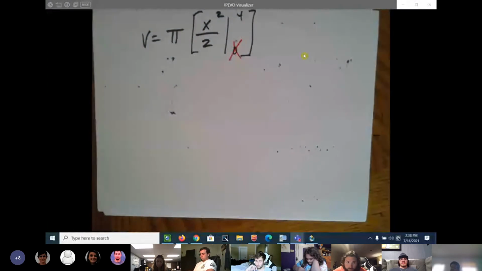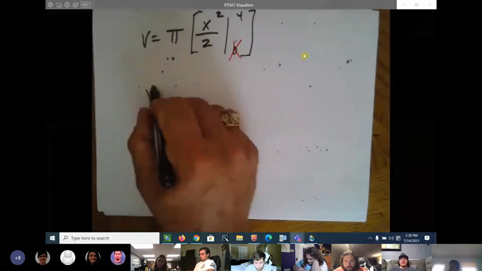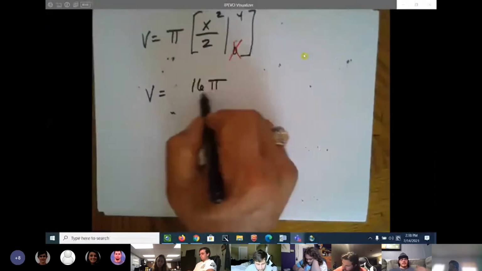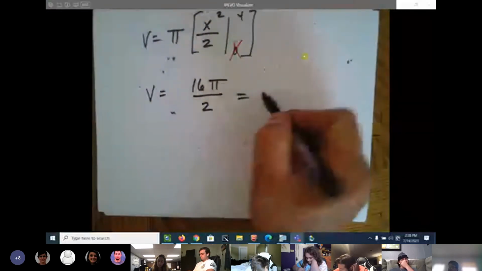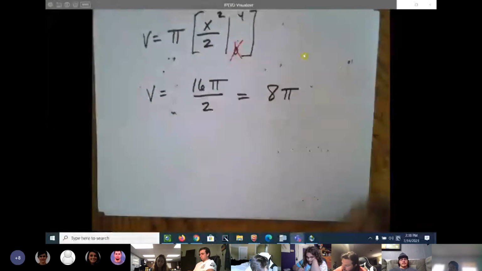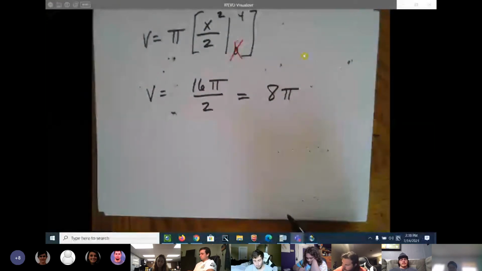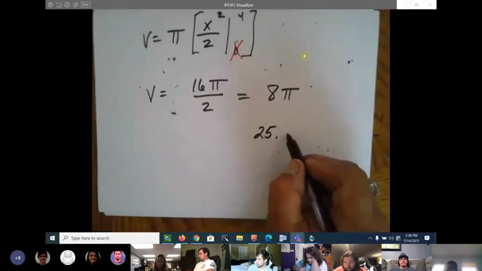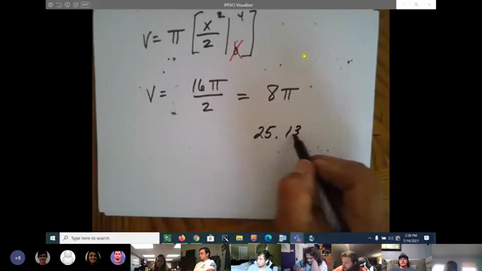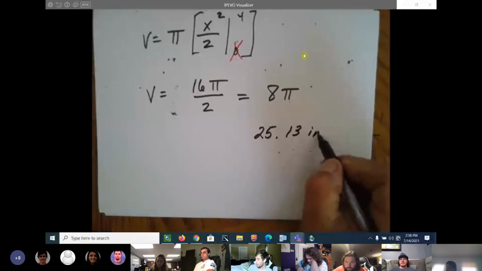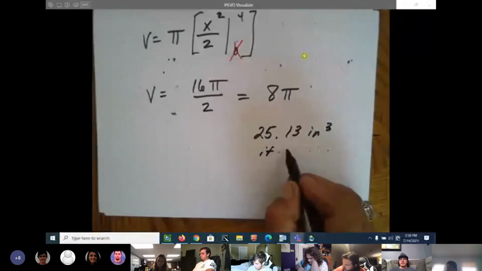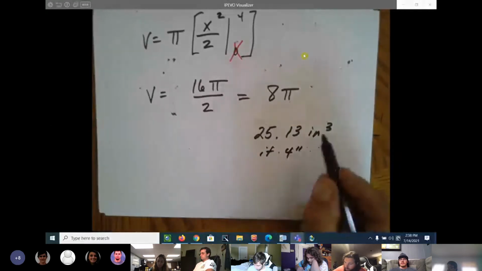So you're left with V is equal to 16 pi over 2, which is equal to 8 pi. And somebody give me, that's 25.13. And if we were saying that's 4 inches, that would be cubic inches, if 4 inches was the height.